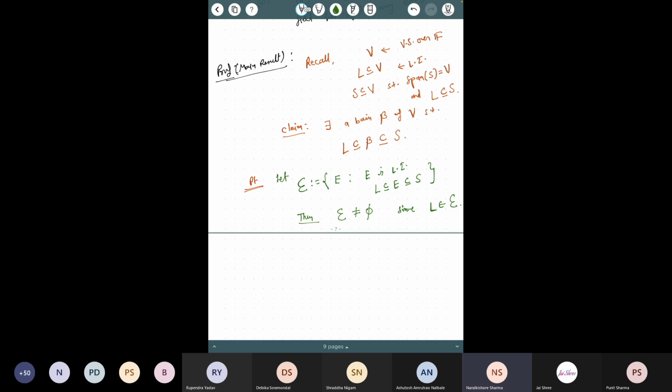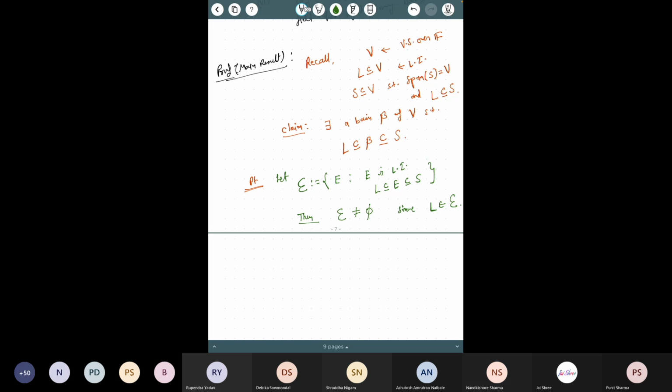I am not saying L is an empty set. So whatever argument I give should be true for any linearly independent set, right? If you say the empty set is an element of this, that is true only when L is empty. But when L is not empty, this argument will not work.